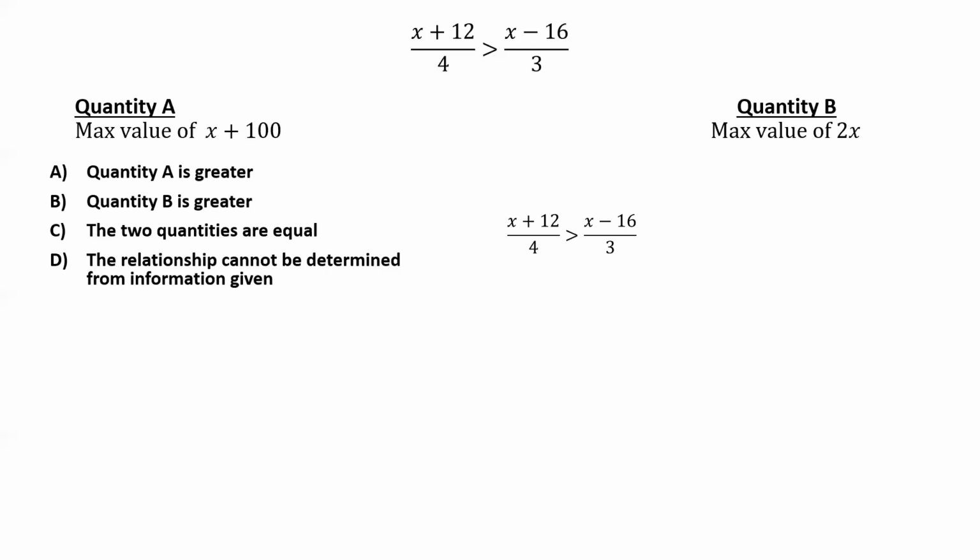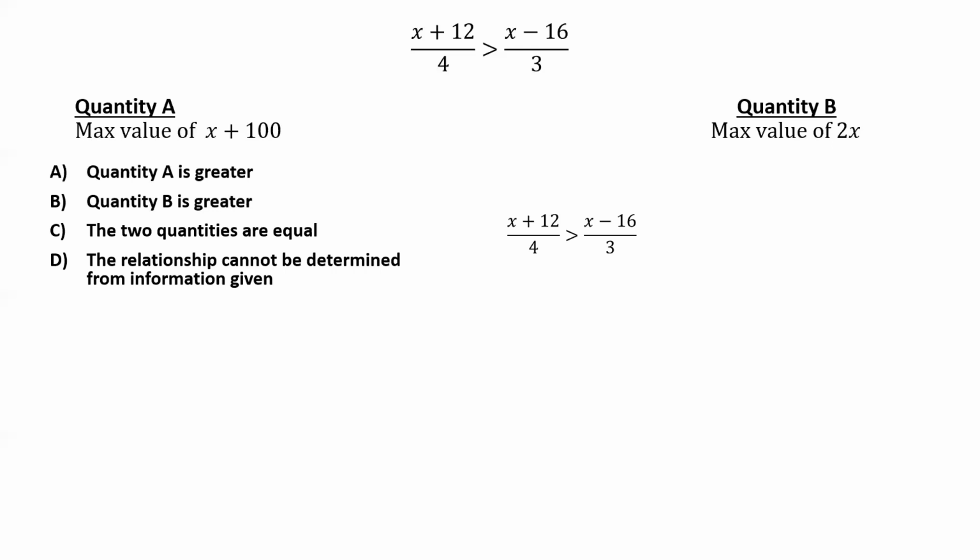The only point of attention is if you are multiplying both sides of an inequality by a negative number, then the sign of the inequality will change. So greater than will become less than, or less than will become greater than. But other than that, you can almost treat this like an equation.